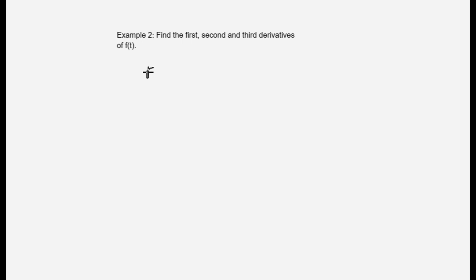So let f of t be, for example, t cubed minus 5t squared plus 4t minus 2. Let's just make something up.